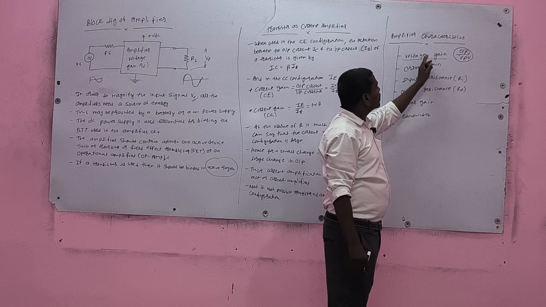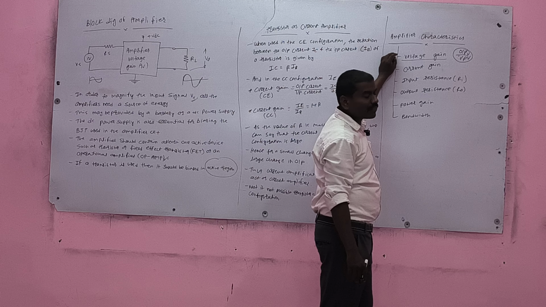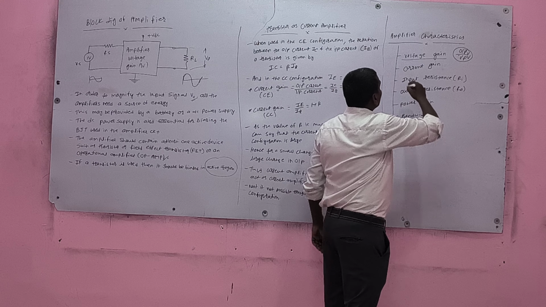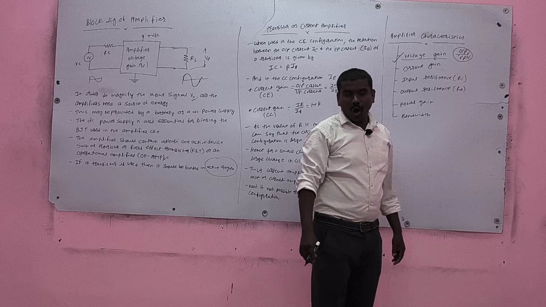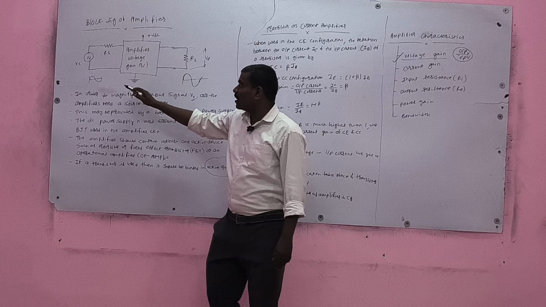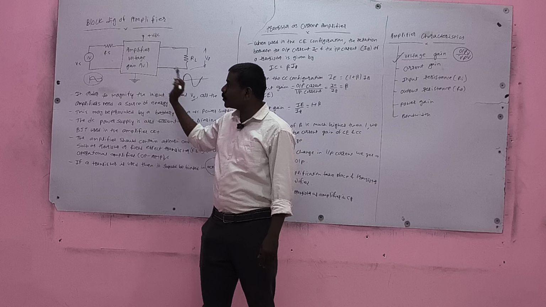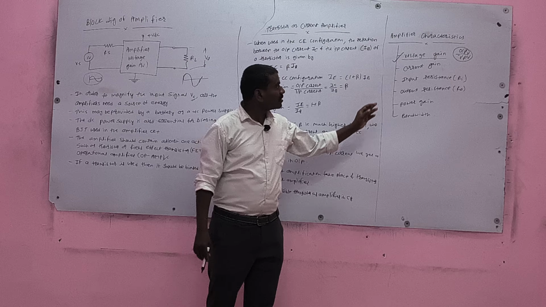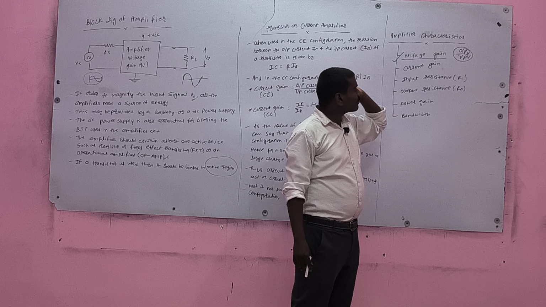So for selection of this amplifier, or to specify this amplifier, we consider voltage gain. That means output voltage by input voltage. How much input is provided here and how much output we get from this input, that is the voltage gain. It is a ratio of output voltage to the input voltage.